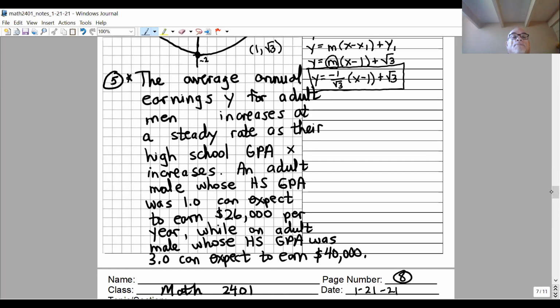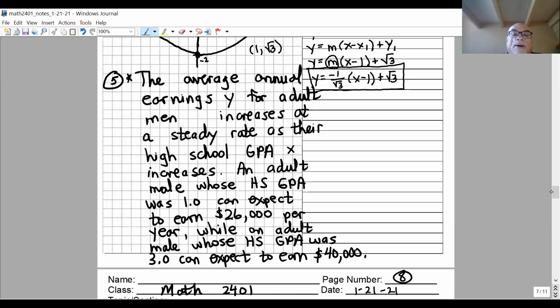In number 5, it says the average annual earnings Y for adult men. So we're going to look at adult men instead of female high school dropouts. It increases at a steady rate as their high school GPA increases. So an adult male whose high school GPA was 1, that's kind of dismal, right, can expect to earn $26,000 per year.